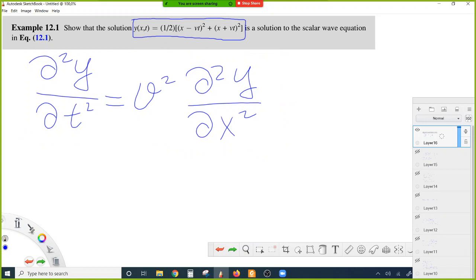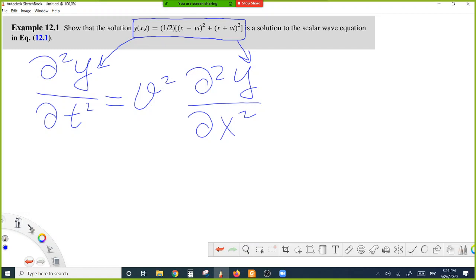We take y and put it here and also here, and in both cases we calculate a derivative twice. In the first case with respect to time, in the second case with respect to x. Okay, let's try to do this.